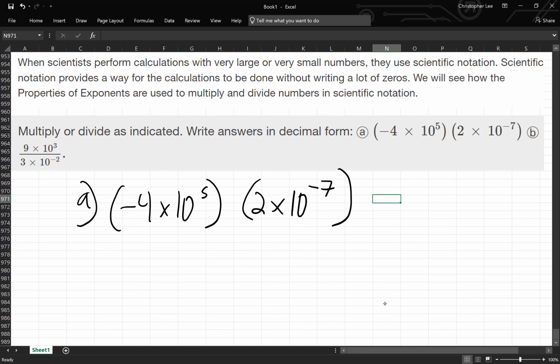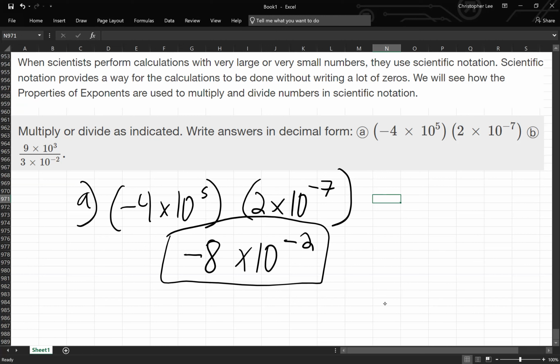What do I do here? I want my numbers with numbers, powers with powers. So -4 times 2 is what? -8 times 10. And what do I do with the powers? I'm multiplying them, so I'm going to do what to the powers? Add them, right? 5 plus -7 is? -2. That's my answer.